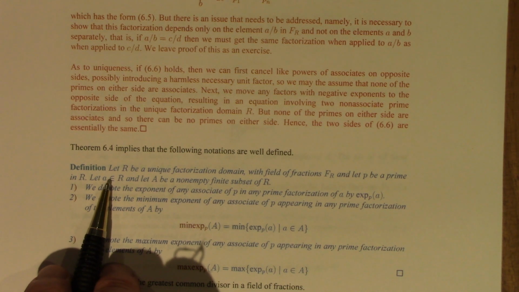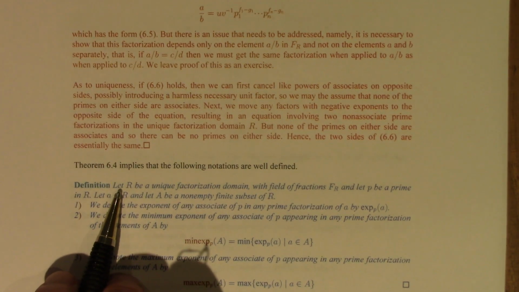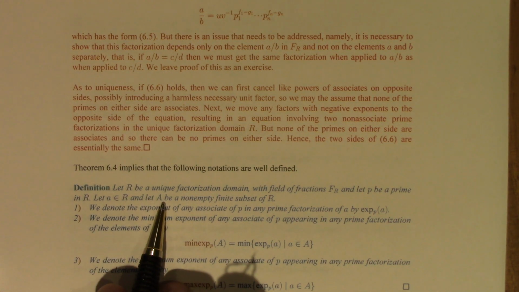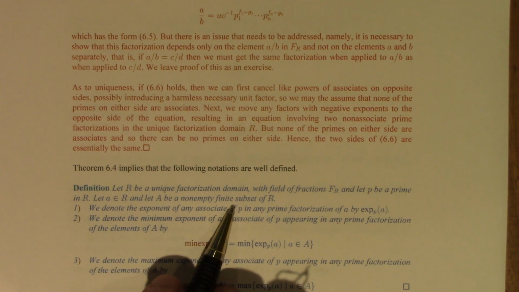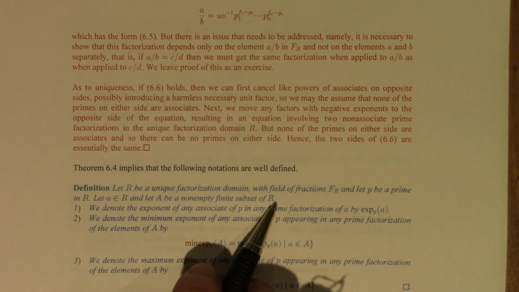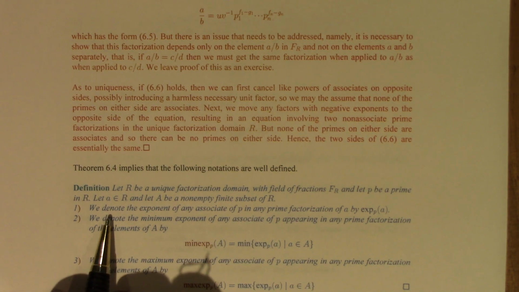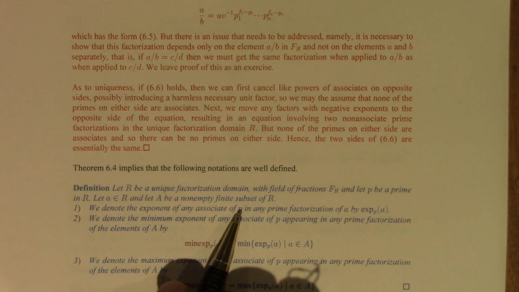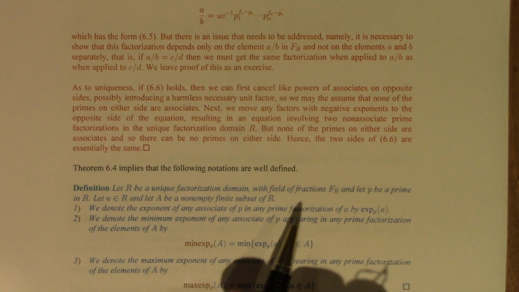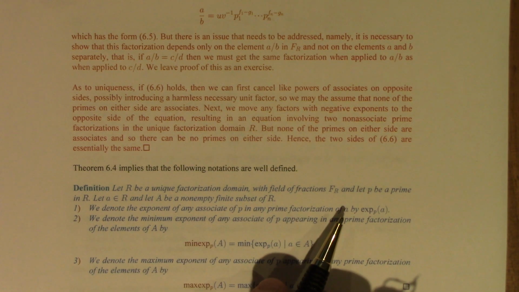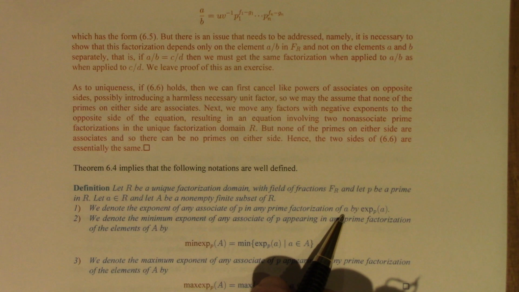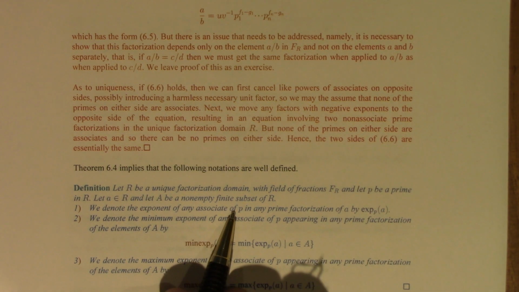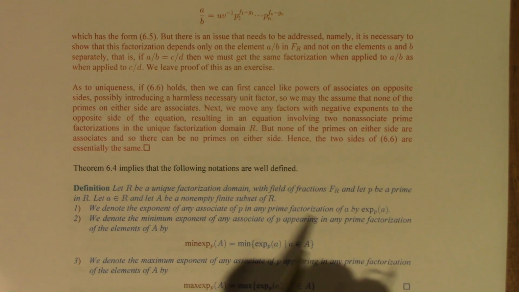That means P is a prime in R. Let a be in R and let capital A be a non-empty finite subset of R. We denote the exponent of any associate of P in any prime factorization of the element a by exp sub P of a. So there's something to discuss here.